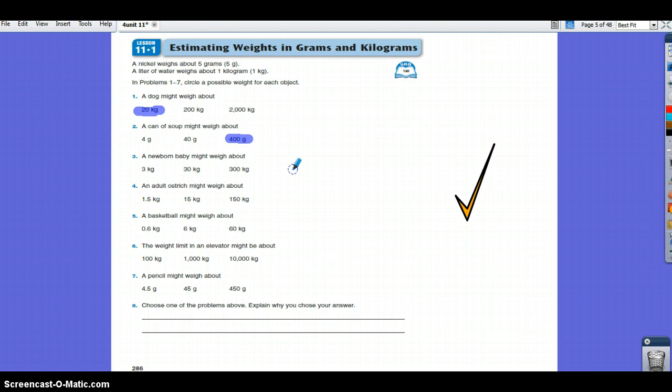A newborn baby might weigh about what? 3 kilograms. An adult ostrich might weigh about what? 150 kilograms. A basketball might weigh about what?